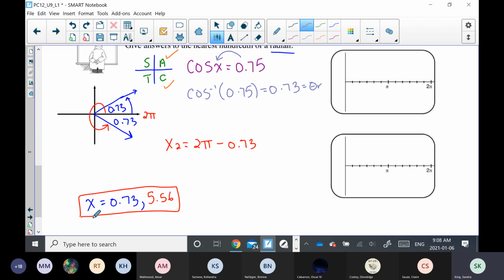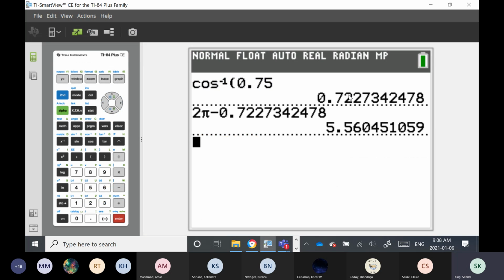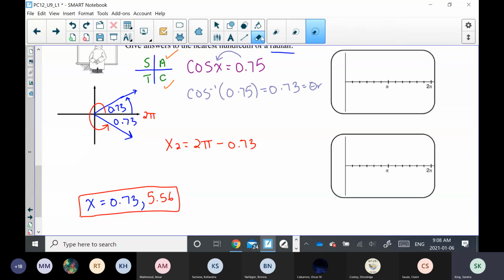After we get that, I just have to double check. It said that one of the answers was 0.72, so let me double check that. Oh, sorry, I rounded. The reference angle was 0.72, so let me fix that. Okay, so those are our two solutions.